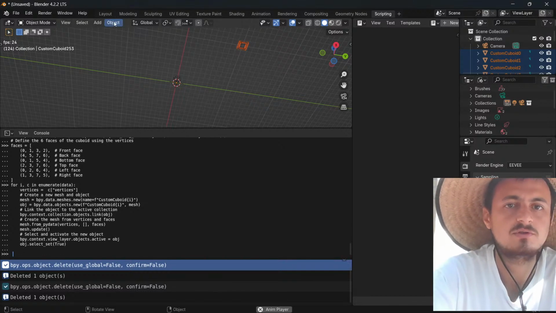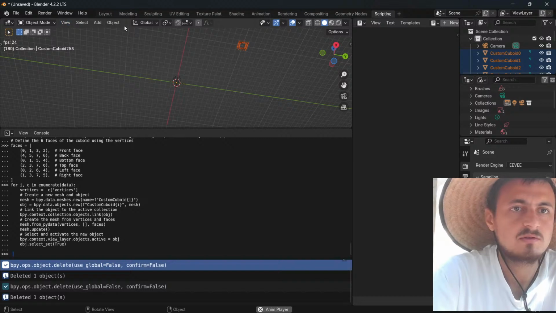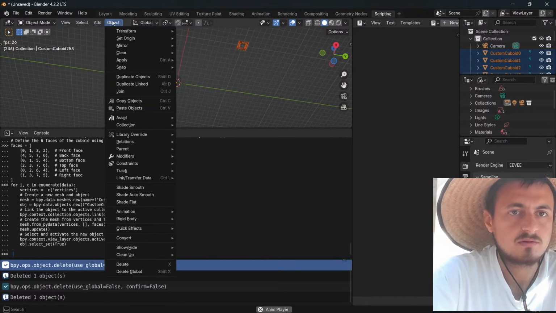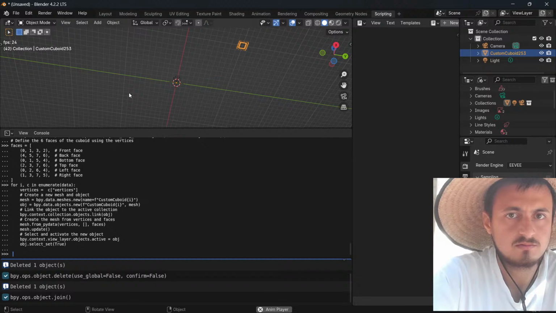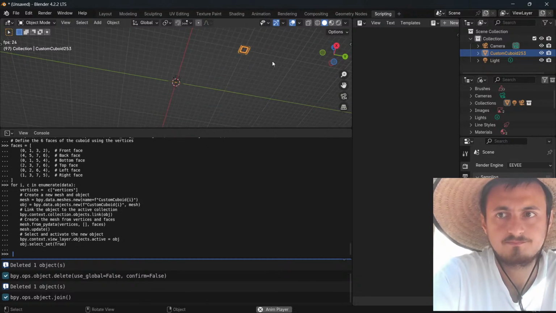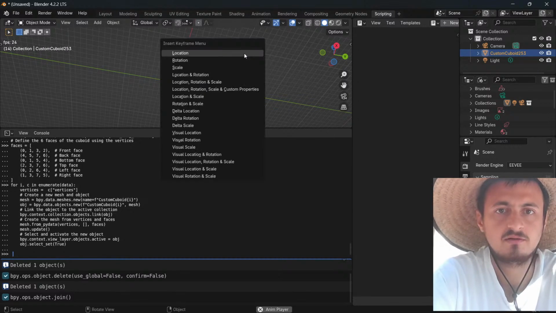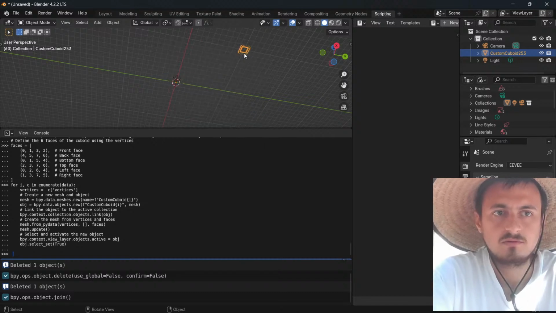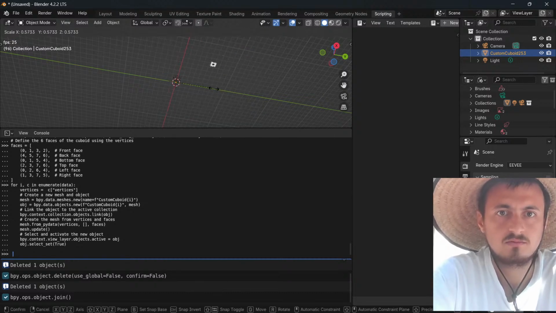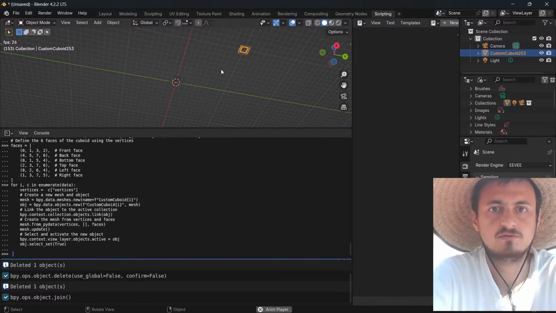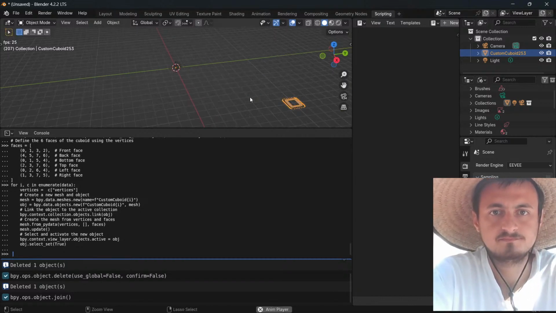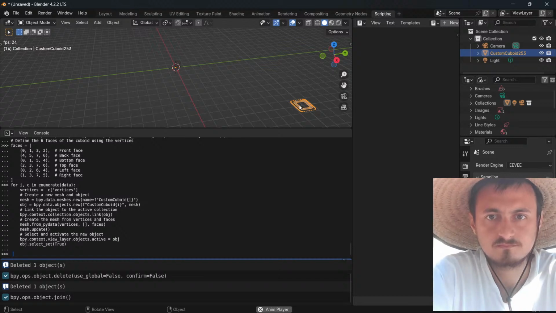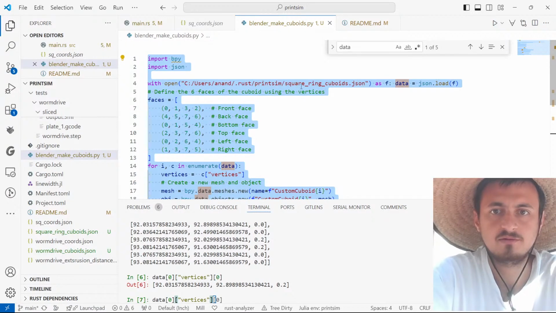Okay, how do we union? So now it's one thing. How do you move again? Scale it. That's pretty cool. Alright, should we just try it with the real thing now?